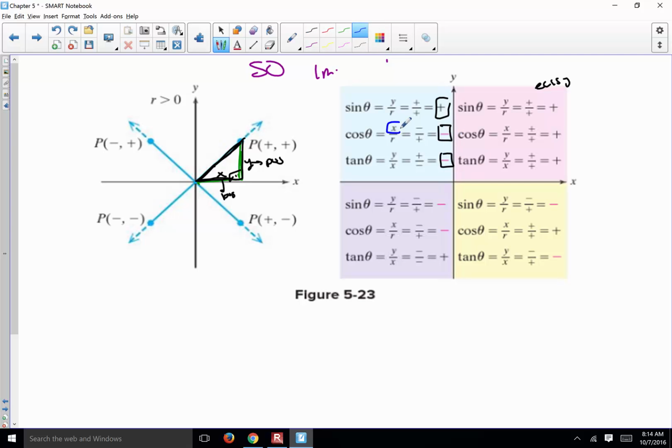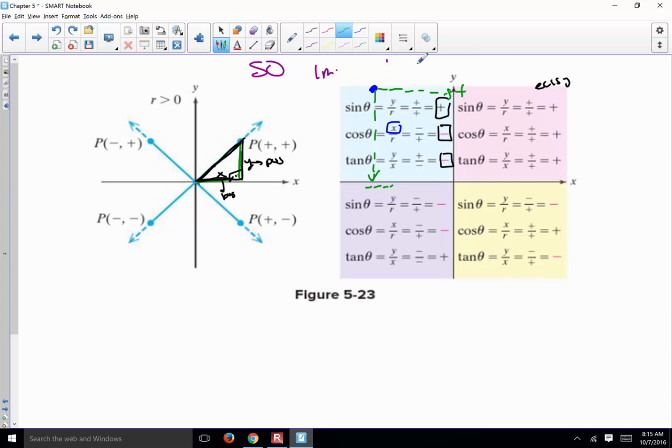Because cosine is computed from the x coordinate of the point, and in the second quadrant, the x coordinate is always negative. That's why cosine values are negative here. Tangent: why is tangent negative? Because the y value is positive in the second quadrant, the x coordinate is negative, and positive over negative is negative.